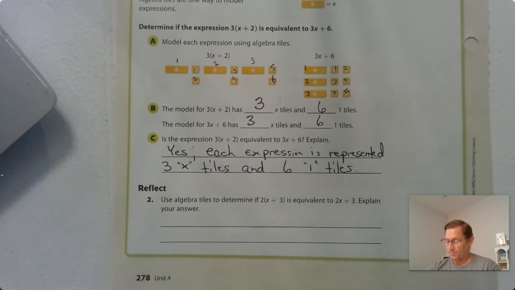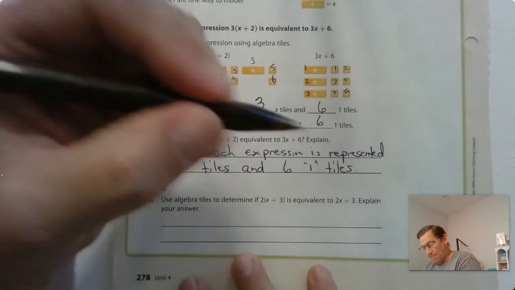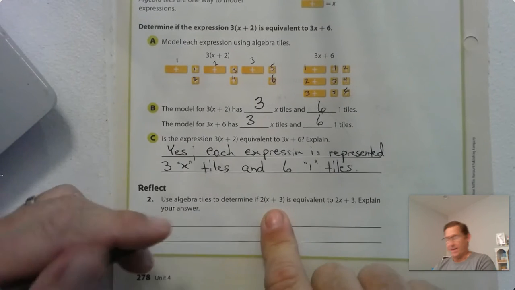All right, number 2. Use algebra tiles to determine if 2 times the sum of x plus 3 is equivalent to 2x plus 3, and explain your answer. Okay, so we have 2 sets of x plus 3.